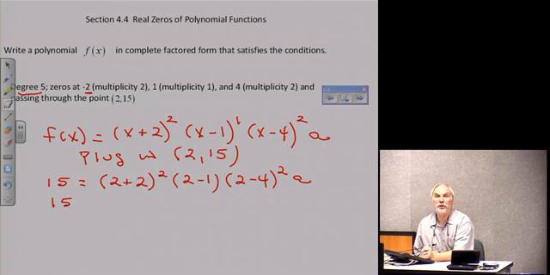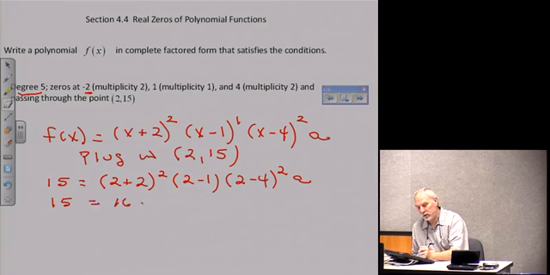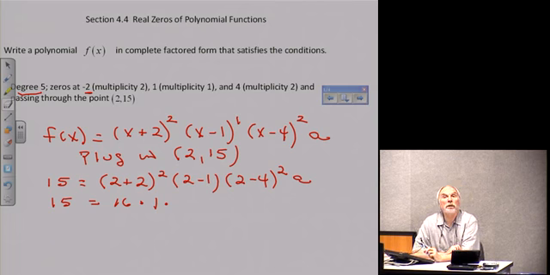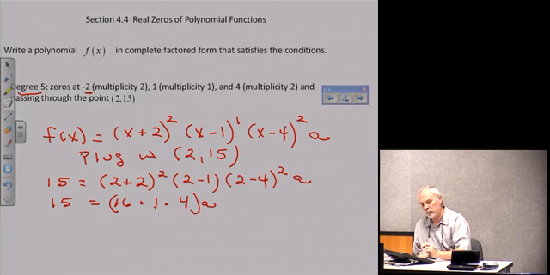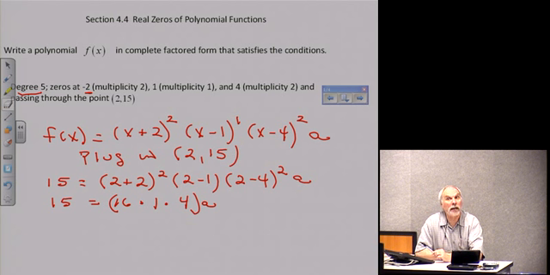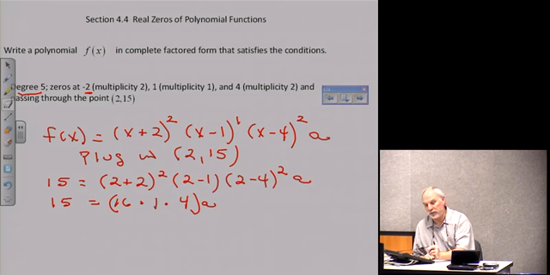2 plus 2 is 4. 4 squared is 16. 2 minus 1 is 1. 2 minus 4 is -2. -2 squared is +4. So 16 times 1 times 4 times a is 15. 16 times 1 is 16. 16 times 4 is 64.